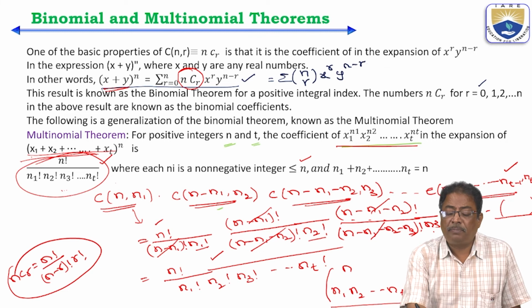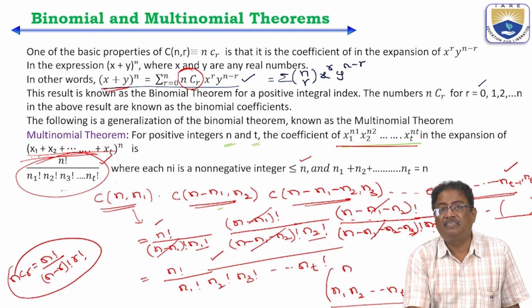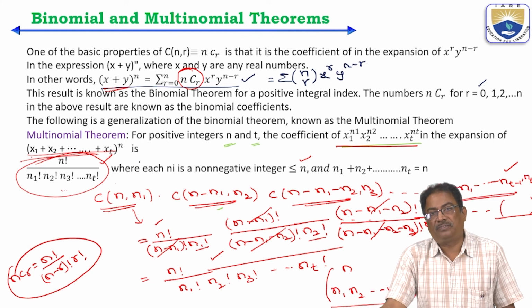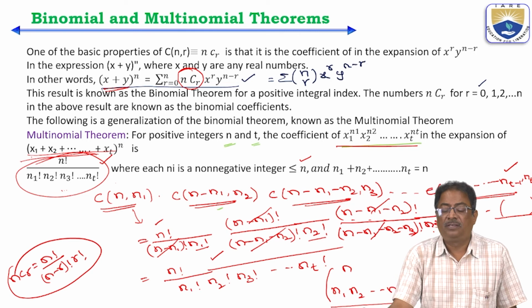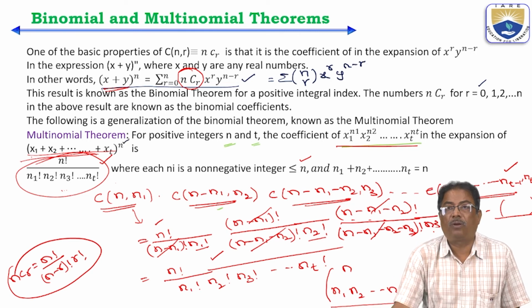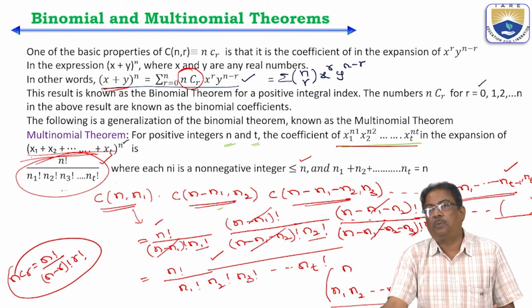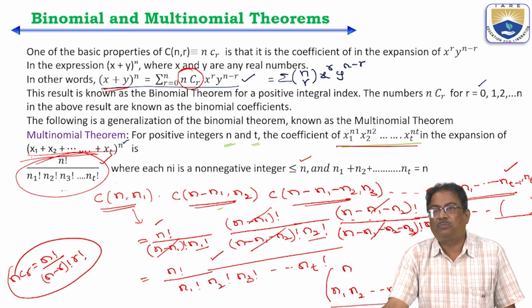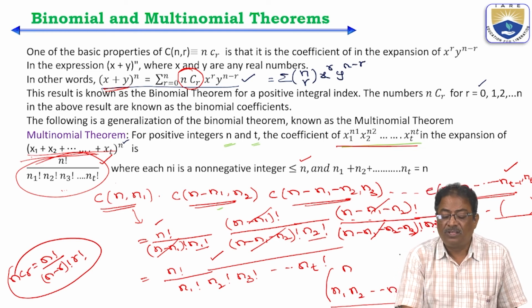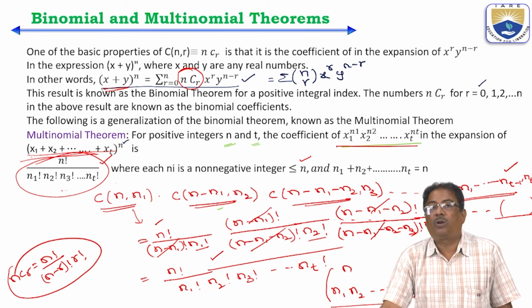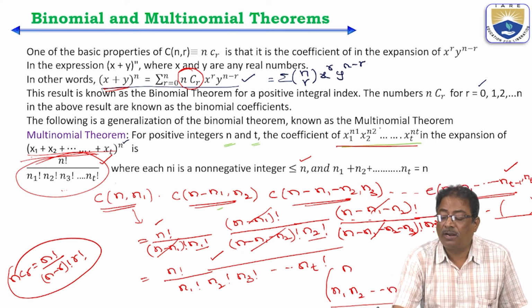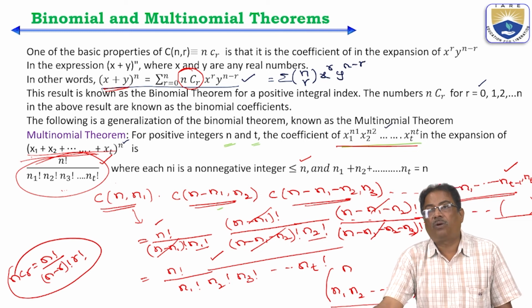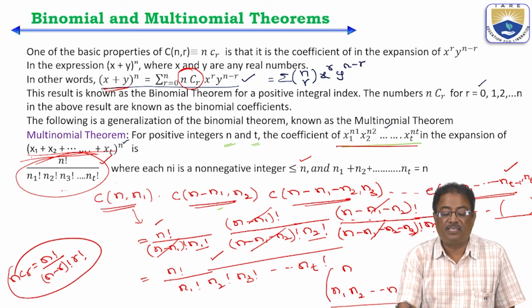And now I am taking more than two variables. These are t variables we are considering, and we are going to expand these t variables to the power of n. While we expand this, the coefficient of x1 to the power of n1, x2 to the power of n2, and so on, xt to the power of nt, is this.